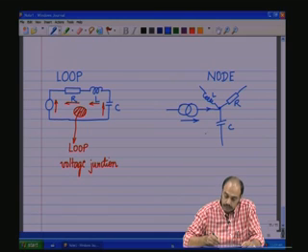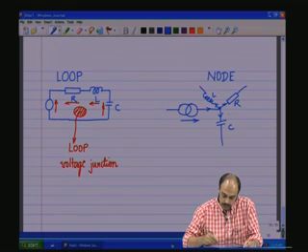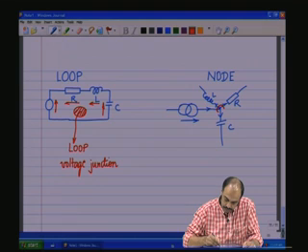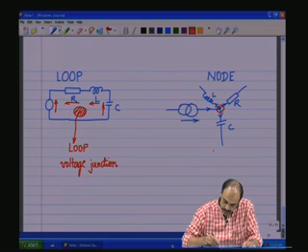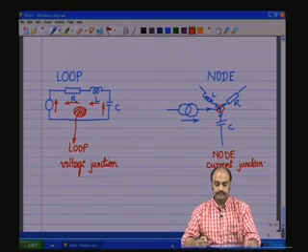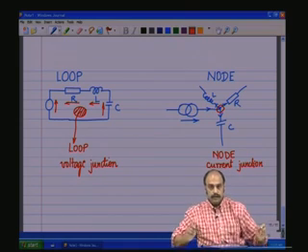So, there could be a current flow here, a current flow like that, a current flow in that direction. So, this node here is a meeting point of all these currents. Therefore, it is called a node or a current junction.